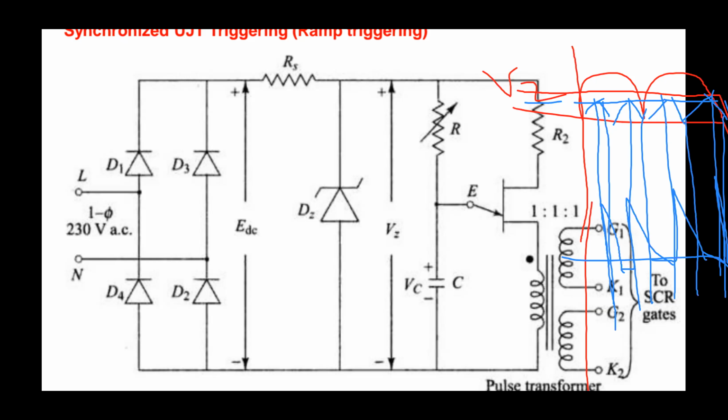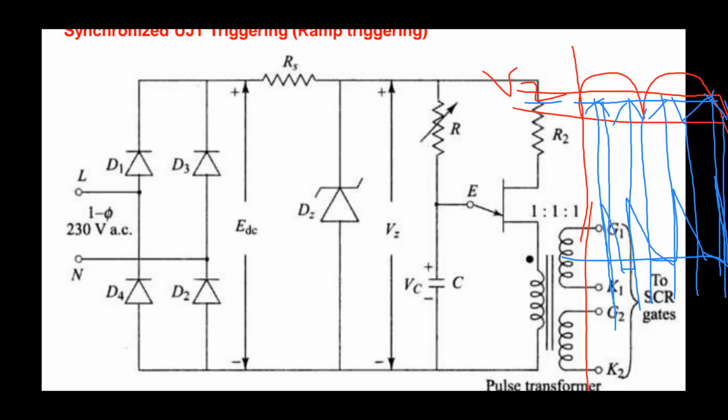For the charging period of the capacitor, the UJT is in the off state. For the discharging period of the capacitor, the UJT is in the on state. The capacitor discharges through the emitter as well as the primary winding of the transformer, and at the secondary winding we are able to get the pulses.